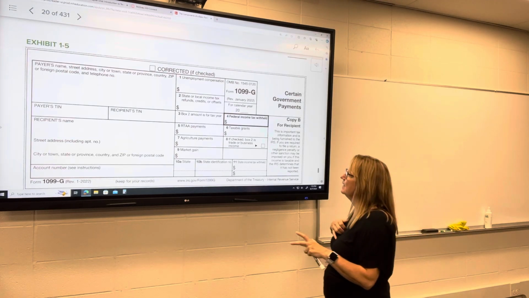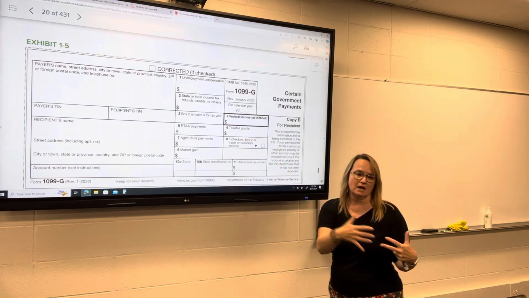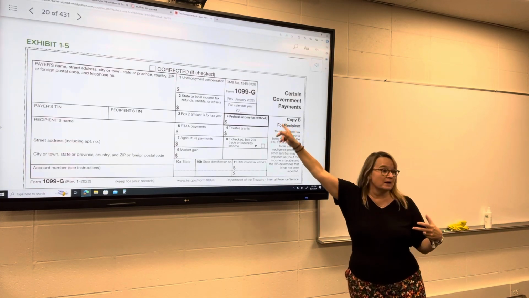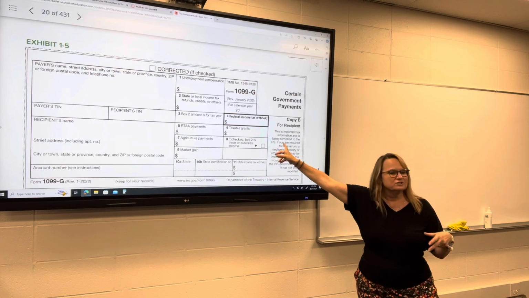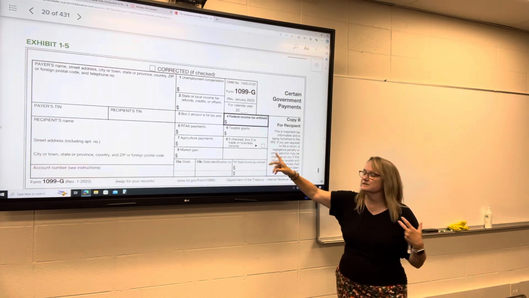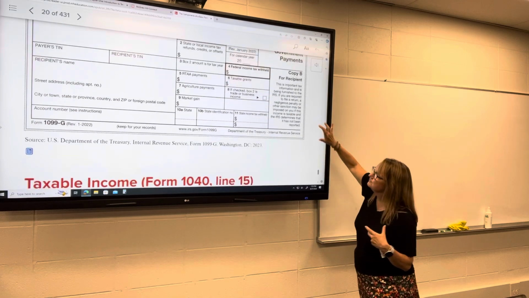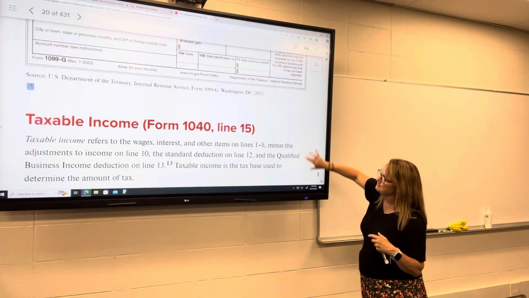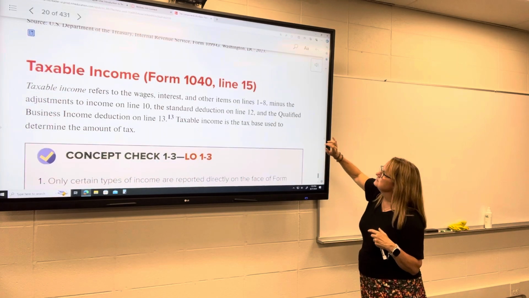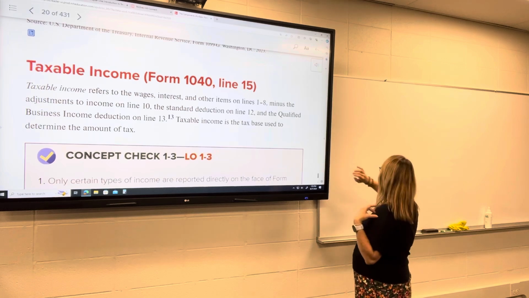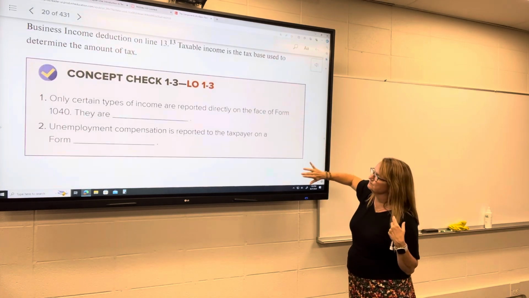So just keep that in mind, that when you're looking at these, if you've seen other forms with the same name, the same form number, but it doesn't look the same, just know that it doesn't have to look the same. So it might look a little bit different in real life or in different situations. So that's just a 1099-G. Like I said, I'm not quite sure why they give you that example, and taxable income review, so.